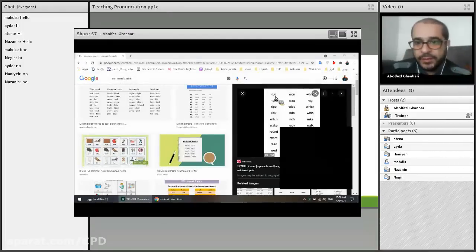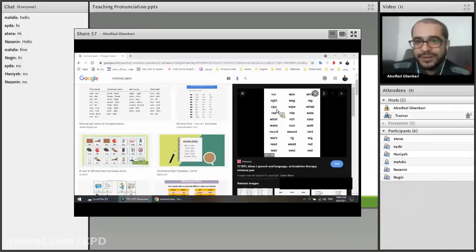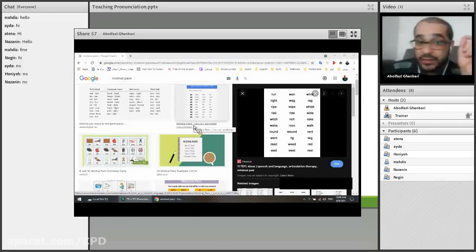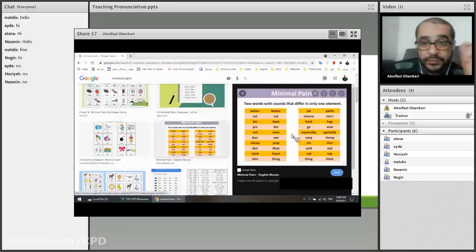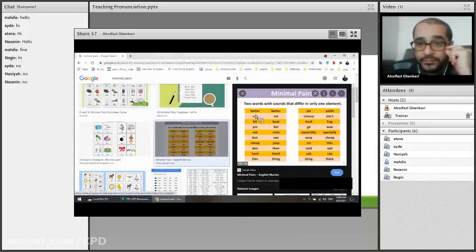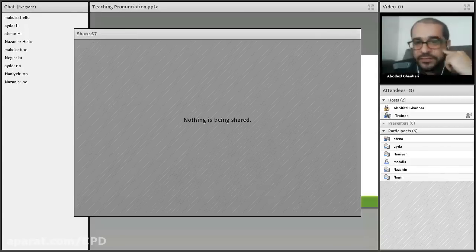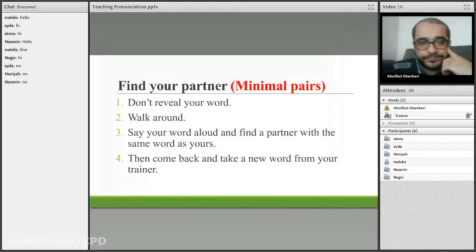Right, here in the first column, there is just one sound, not letters, just one sound. Like here, batter, better, cut, cat, bit, beat, pin, bin, note. There's just one sound that is different between two words.